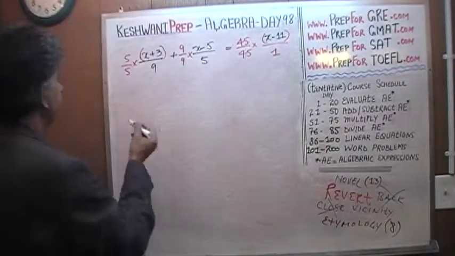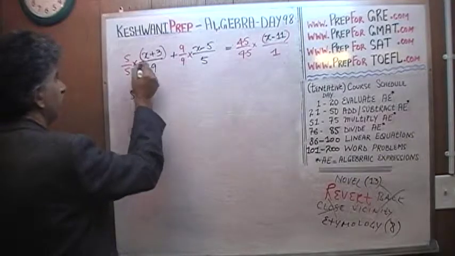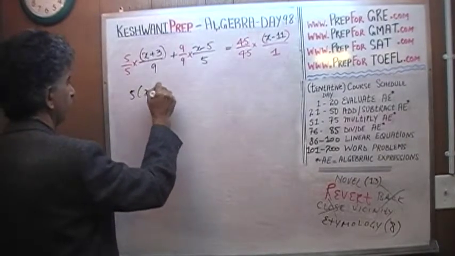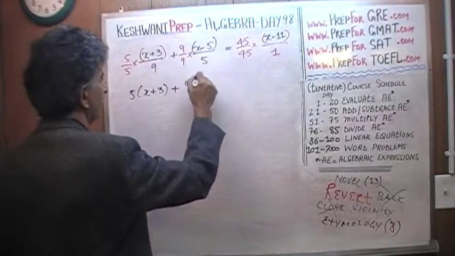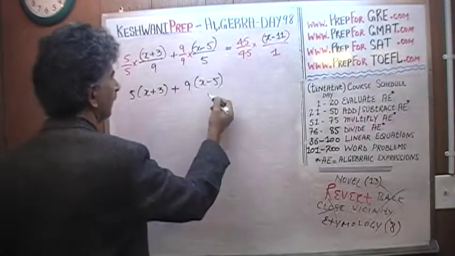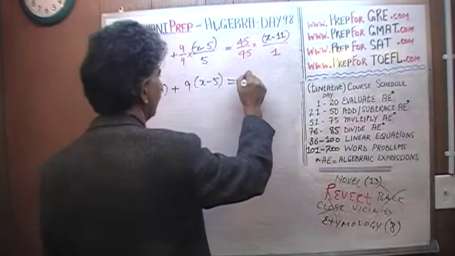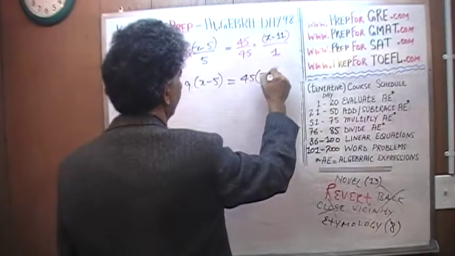So what we end up with here is 5 times (x plus 3) plus 9 times (x minus 5) equals 45 times (x minus 11).